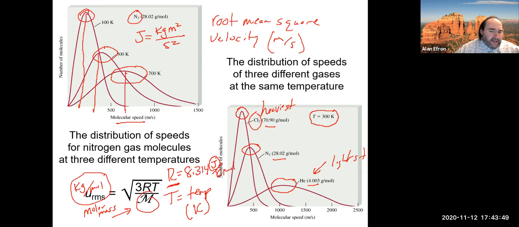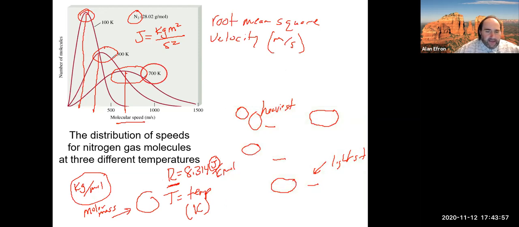If we just look at the units here, if we do our square root, our R, which is joules per Kelvin per mole, would end up being kilograms meters squared per second squared Kelvin mole.